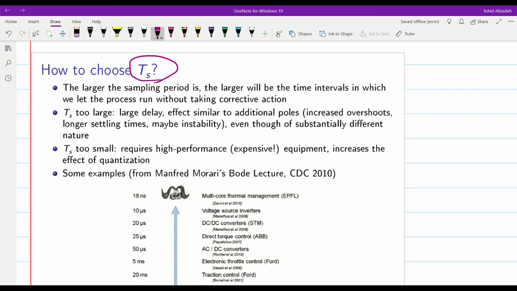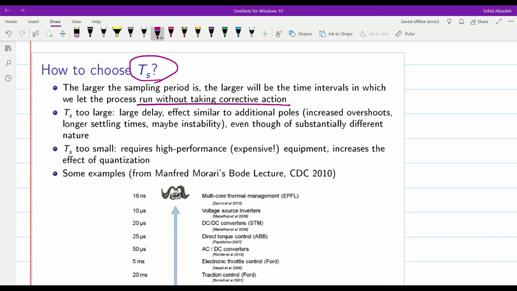What happens in this case is that we will let the process run without taking corrective action. We will provide a control action to the system, to the actuator, and then only after a while we will do it again. So during this period, we will do nothing. The control action will remain constant.